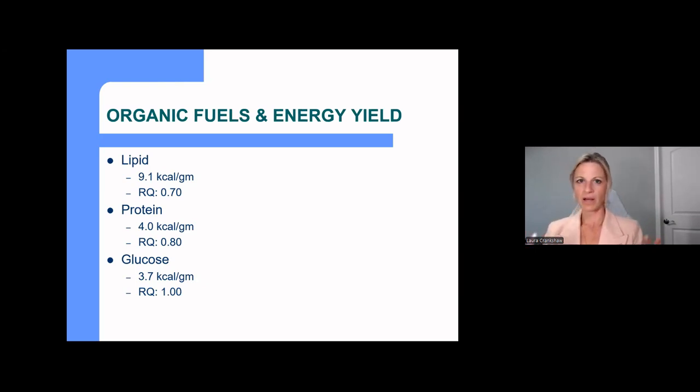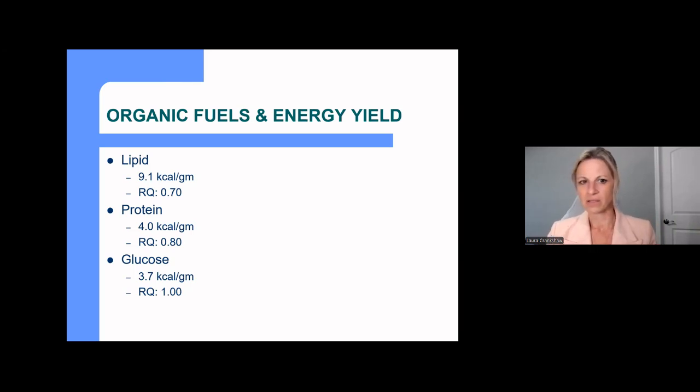Our body takes that energy, breaks it down, and uses the components for either storage or energy. The metabolism of each substrate differs in how much oxygen we consume to metabolize it and how much CO2 is produced as waste. That's what's reflected in the respiratory quotient that you also see listed here.